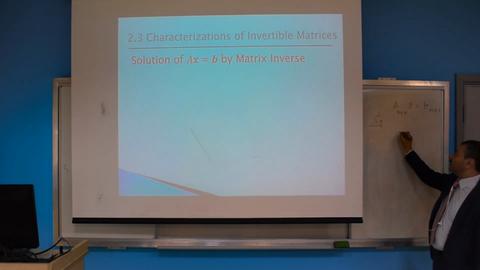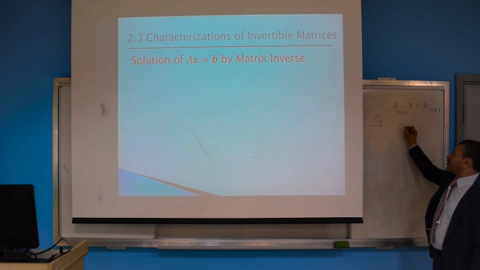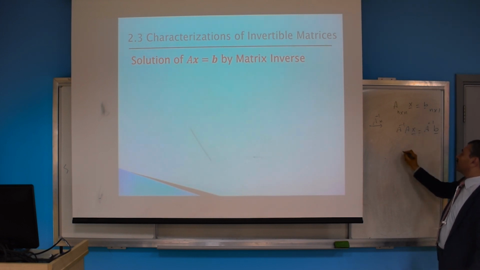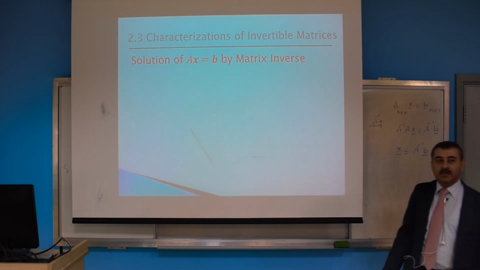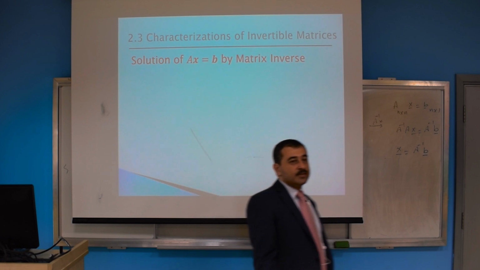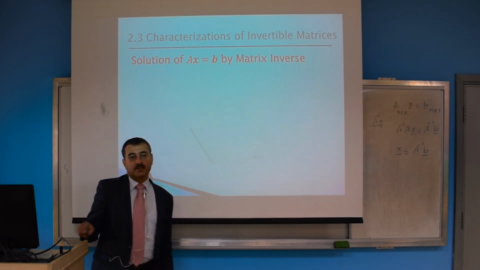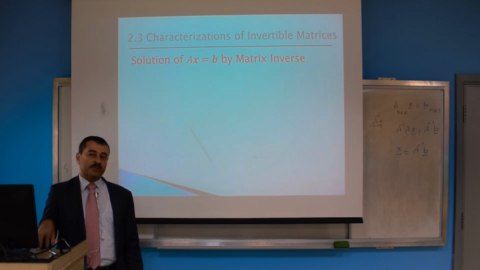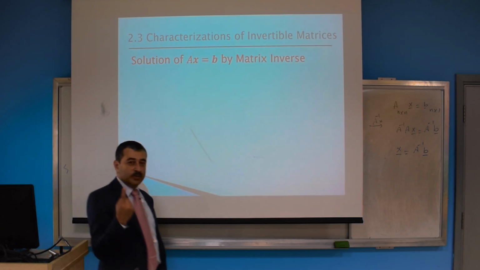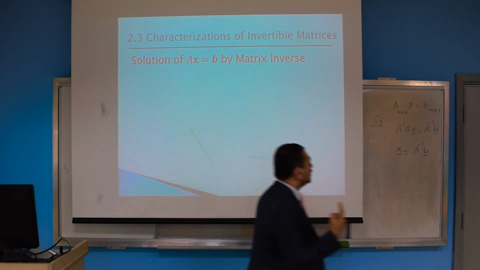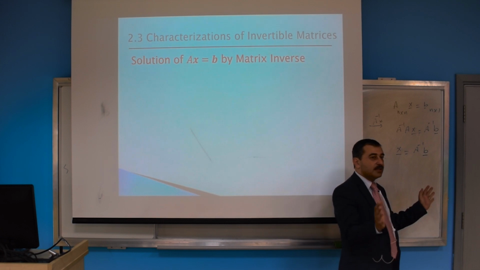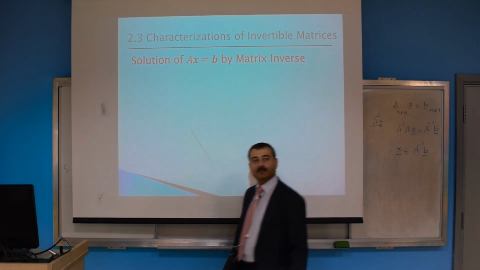So we'll get actually inverse of A times AX equal inverse of A times B, which is X equal inverse of A times B, and actually you get this as your unique solution. So this is the case of unique solution. When A is invertible, you get only one solution, only one X, which is given by this formula. You get the inverse and multiply it with B, and then you'll get your vector X.